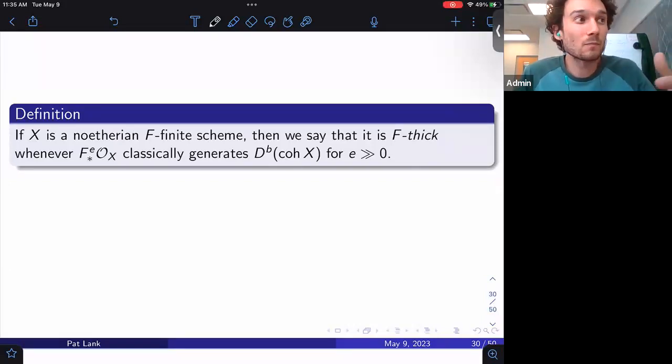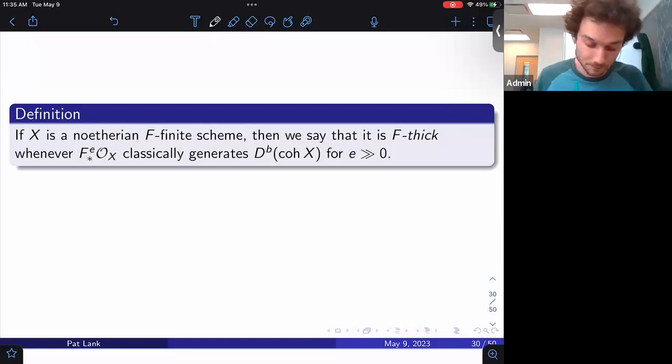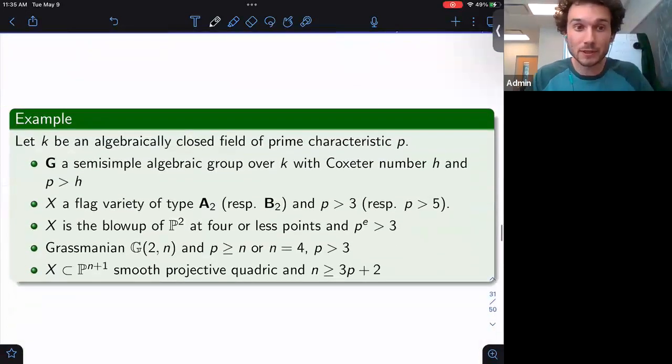One idea is, well, what other geometric types of schemes or objects that we care about are F-thick? Well, there's the following examples. Most of this work, if not all of it, is actually things that have been previously studied in the literature.